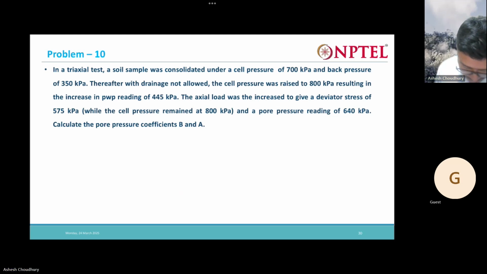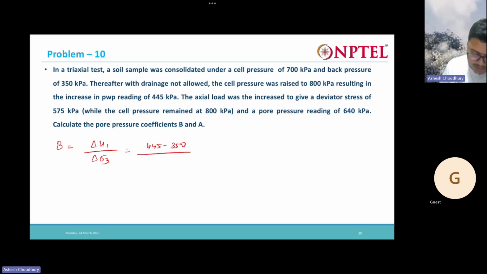Let us do it. What is B? B is delta U1 by delta sigma 3. Delta U1 will be nothing but 445 minus 350, as I said. Back pressure is nothing but the pore pressure that develops as pore water pressure. Divided by 800 minus 700. So it's 0.95, almost equal to 1. So quite saturated, right? Now, the axial load was increased to give a deviator stress of 575 kPa.